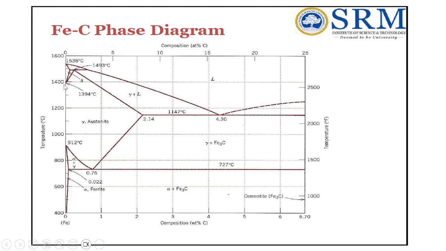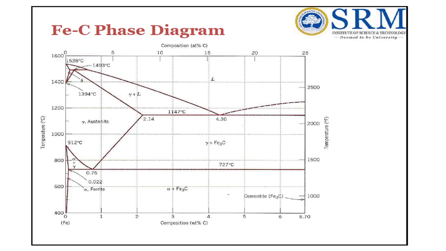Above 1400 degrees centigrade, once again this gamma austenite structure will be transformed into delta ferrite, which changes back into a BCC structure. So iron is a peculiar material which exists in three different structures at three different temperatures.